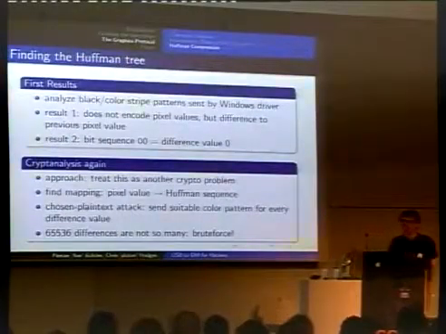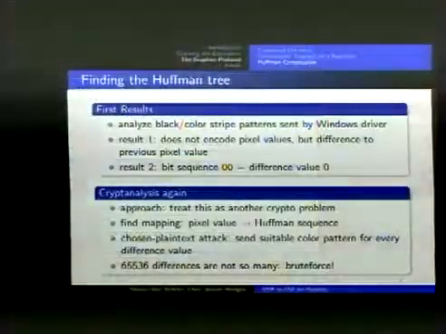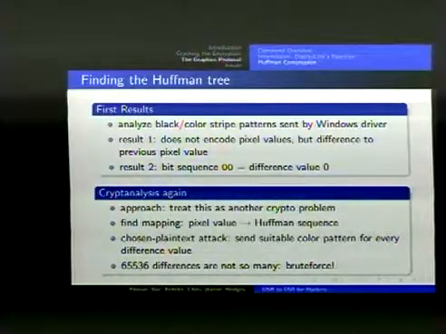Okay, so looking at this table didn't really yield much, so we started again by just analyzing data which we sent from the Windows driver. The two most basic results were that the pixel values aren't encoded themselves, but rather the difference to the previous pixel. And when you start a new command, the previous pixel is set to black, so to 0.